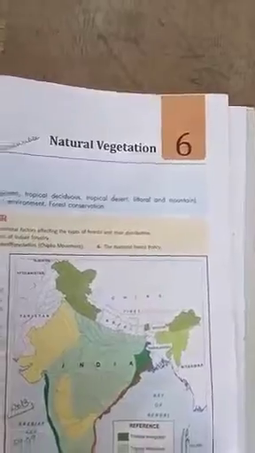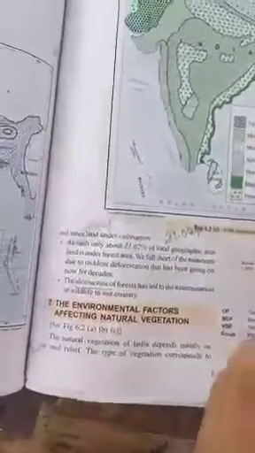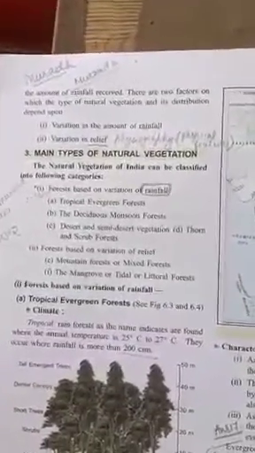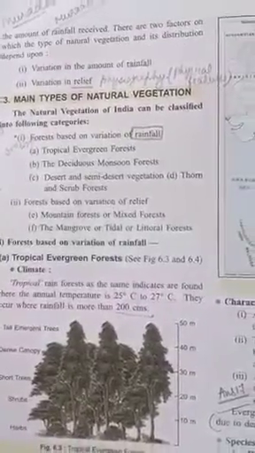So we read about the introduction, then we read the maps, then we read about the environmental factors affecting natural vegetation. We read about the main types of natural vegetation like tropical evergreen forest, deciduous forest, and all that.